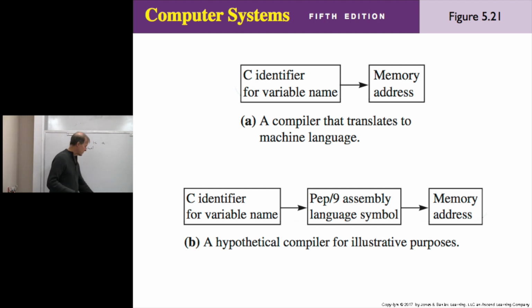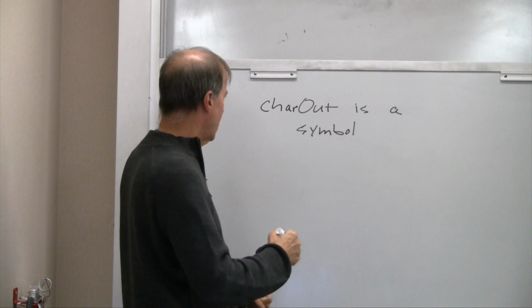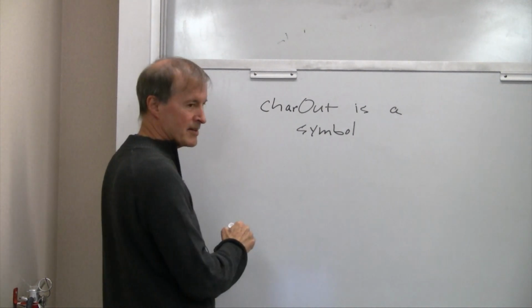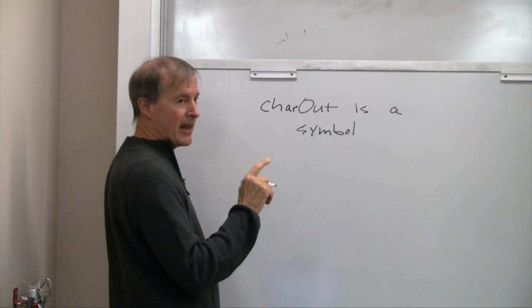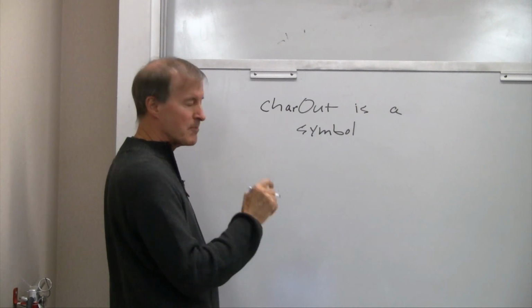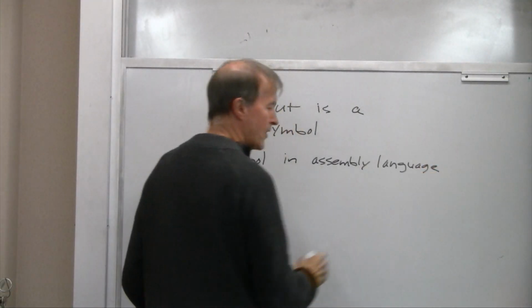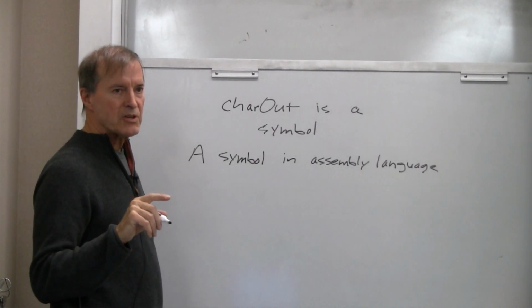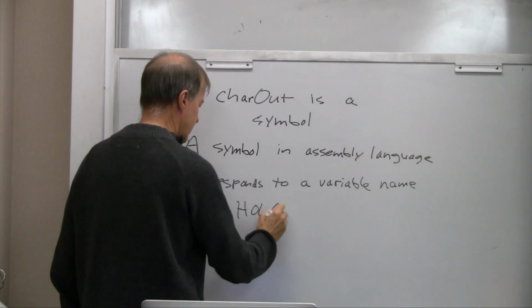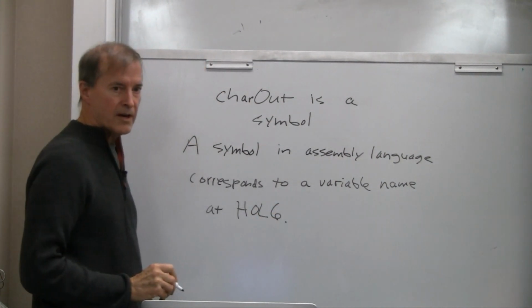to machine code. But now here is the point, you guys, and this is another reason symbols are so neat. Okay, so let me write this down. A symbol in assembly language corresponds to a variable name at HOL6. All right?